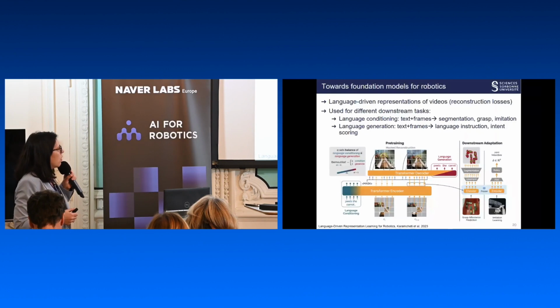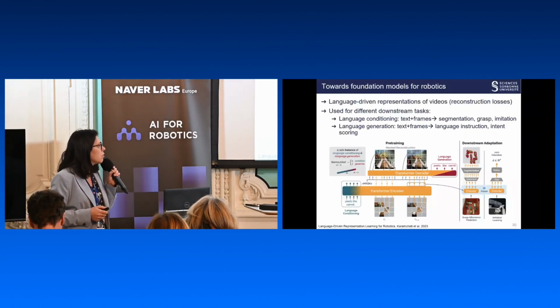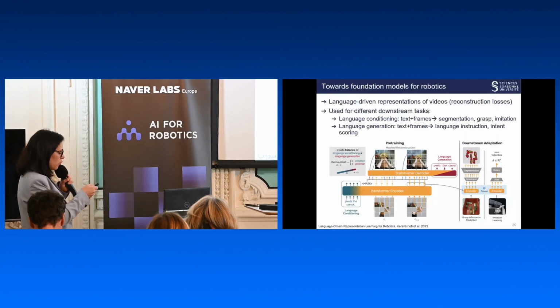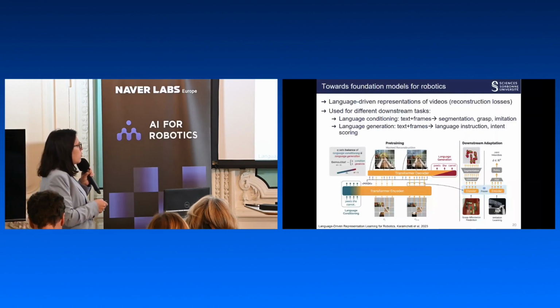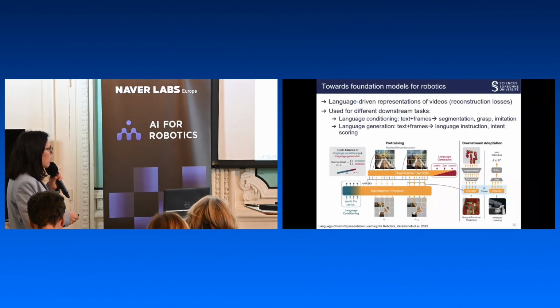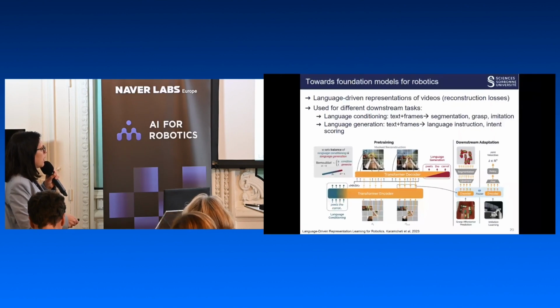Another one is called Voltron. The objective of Voltron is to train a multimodal transformer encoder, in which you provide the goal in natural language, and also some frames, which are sparse here.